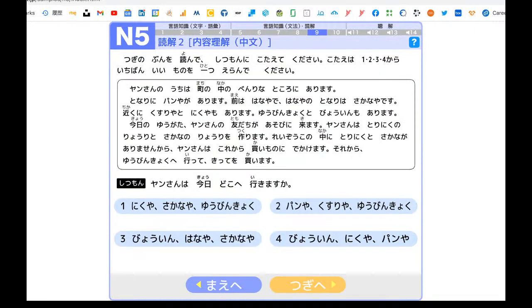And next, you can see a lot of hiragana. It's really complicated. If you know a lot of kanji, it will look much clearer. But here in 4 and 5, we have a lot of hiragana. So let's take a closer look. 次の文を読んで質問に答えてください。答えは1234から一番いいものを一つ選んでください。So again, you need to find the right answer from options 1, 2, 3, 4 by reading the text.